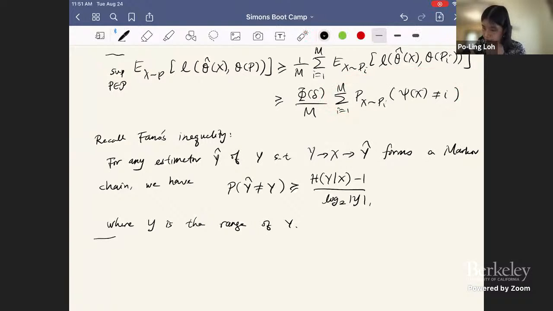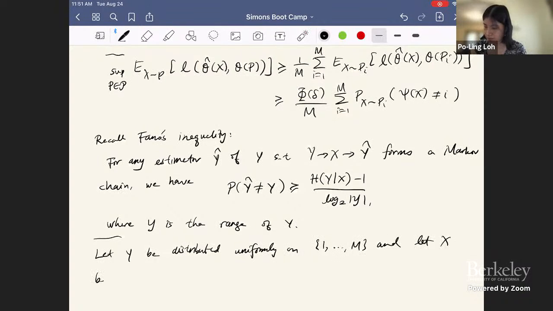So now let y be distributed uniformly on the index set 1 up to m, and let x be distributed according to p sub y. Remember, p sub i are all the distributions in this collection that we're considering.